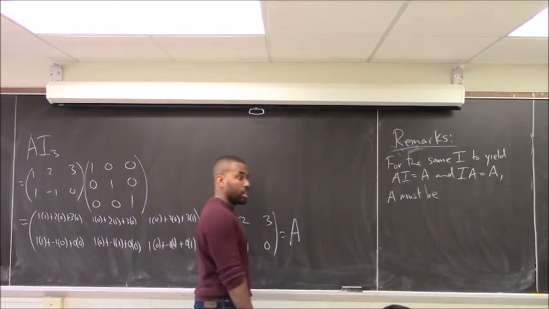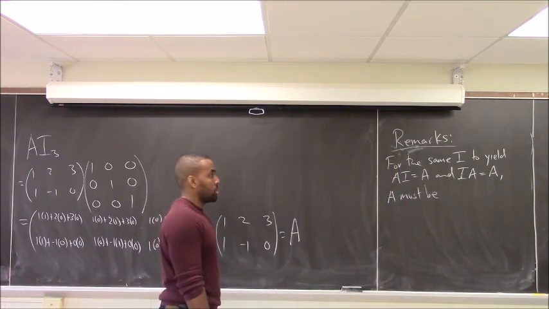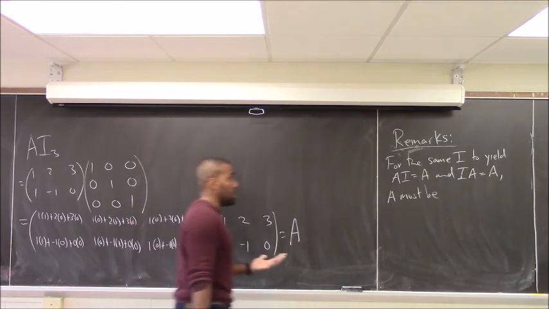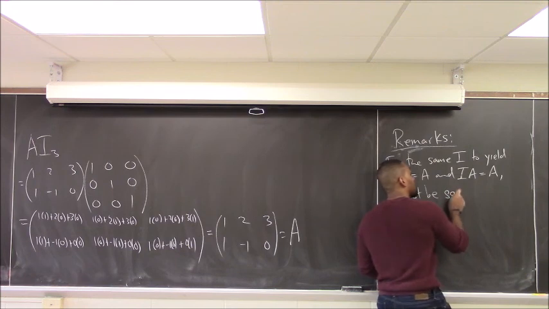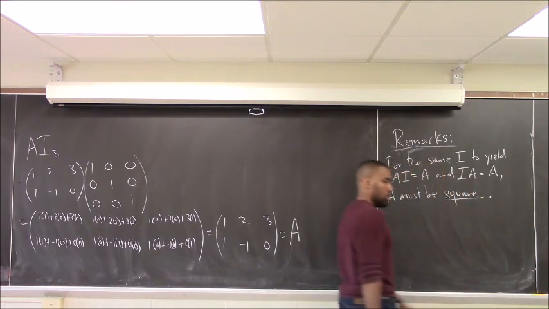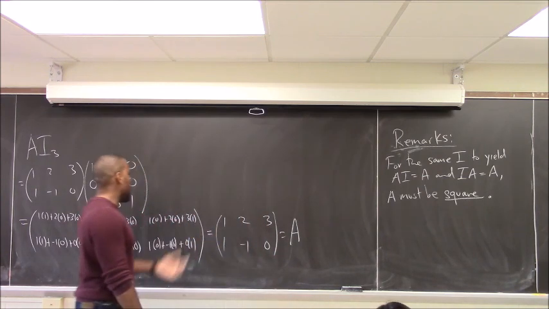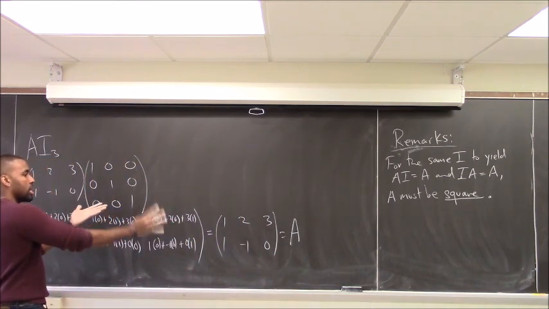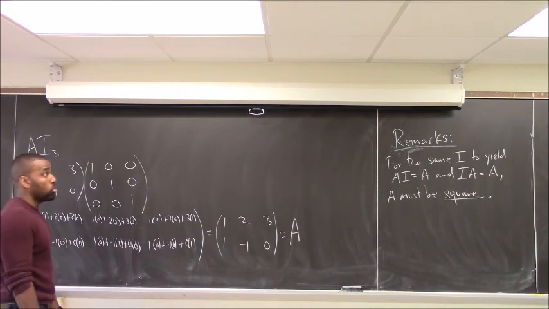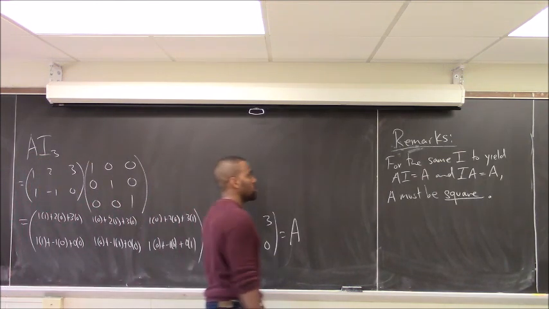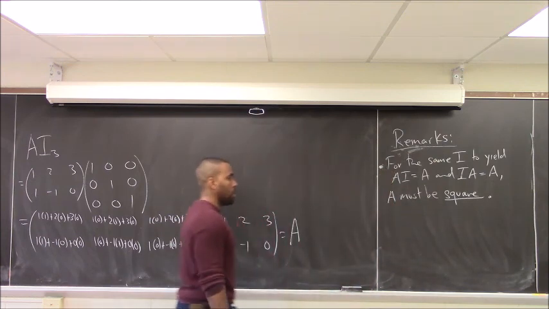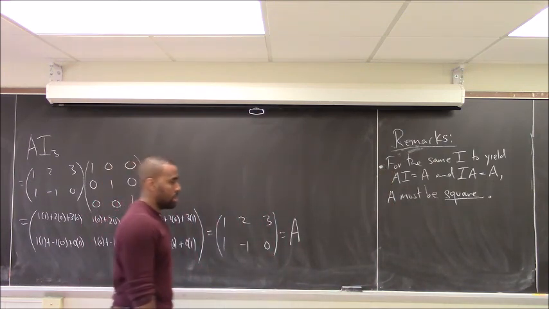What can you tell me about A? I know it's very vague, but if I want to take this, it must be square, right? The number of rows and columns must be the same, right? So that way I can take the same I, say I3, and it'll work on either side because it's a square matrix, and it has to be square. Which means non-square matrices won't have the same identity matrix on either side.